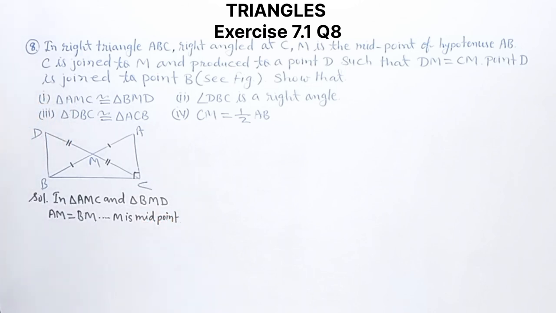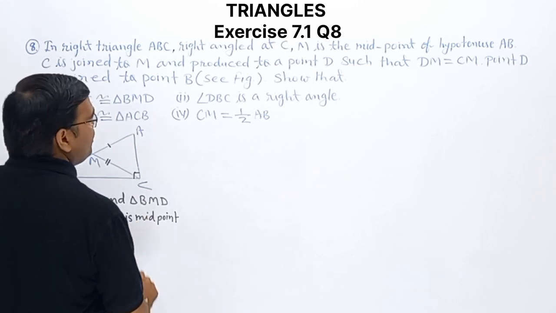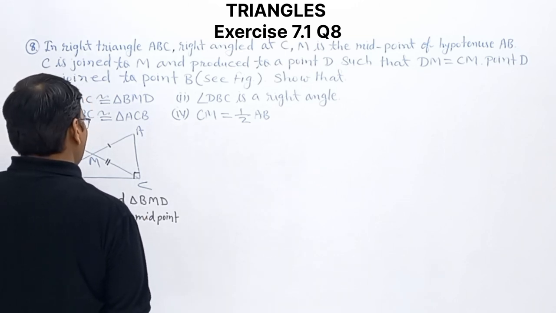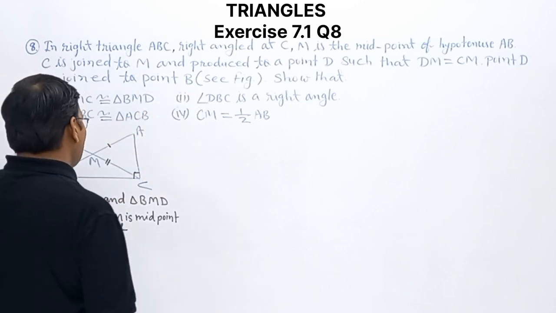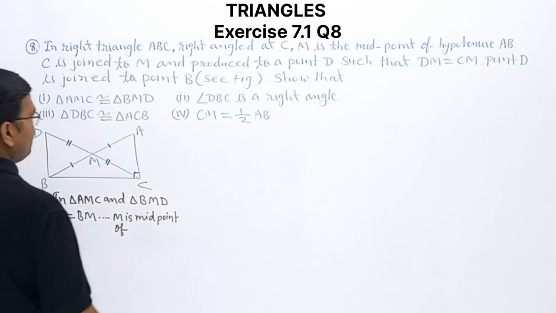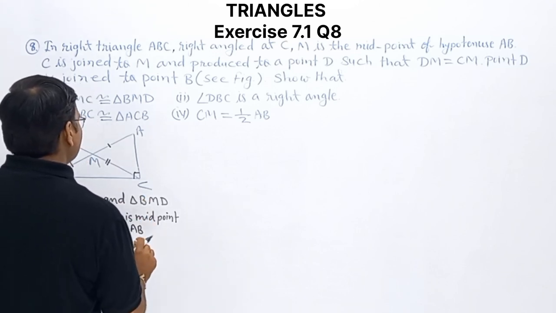It is given: M is the midpoint of AB. Clear?